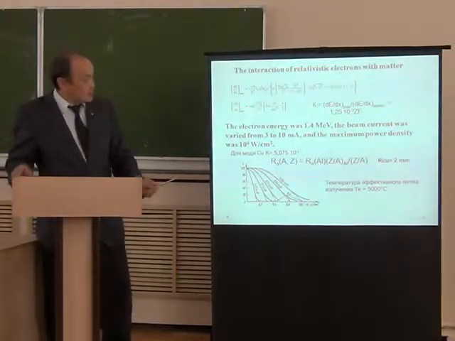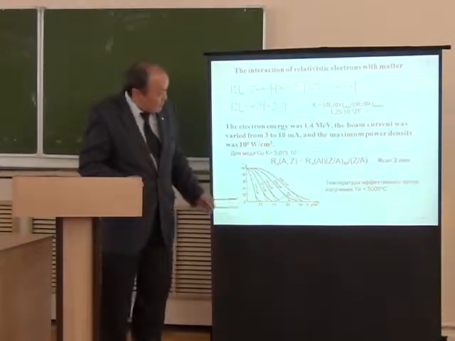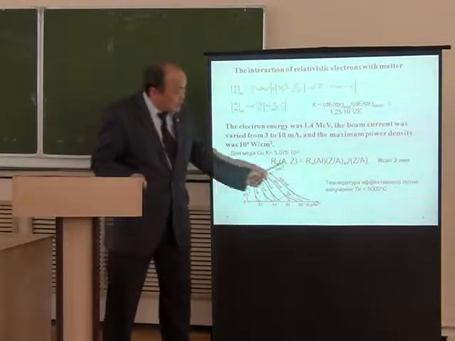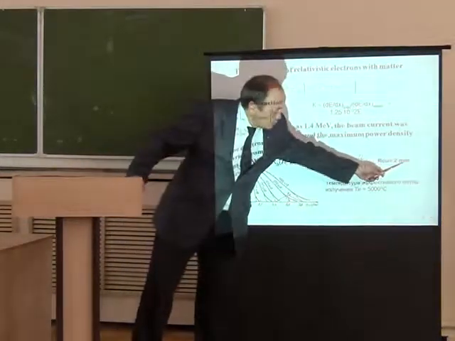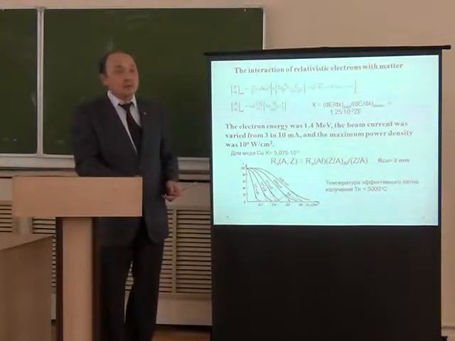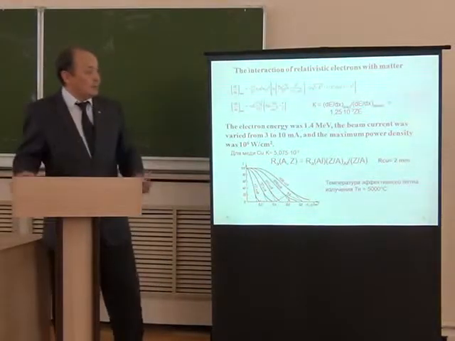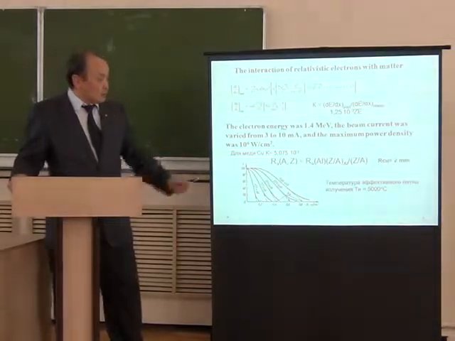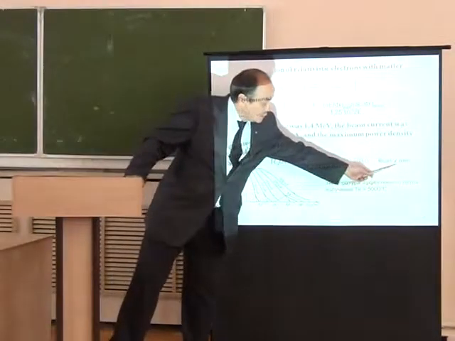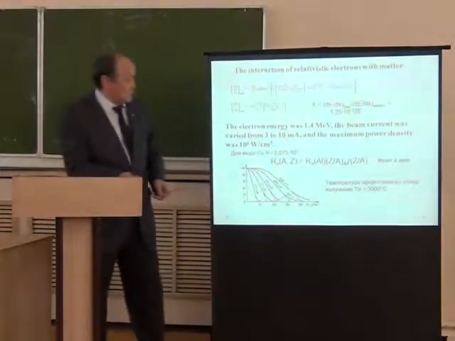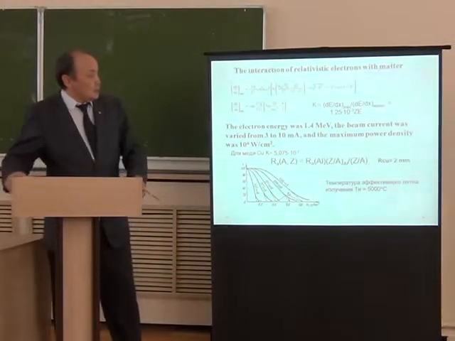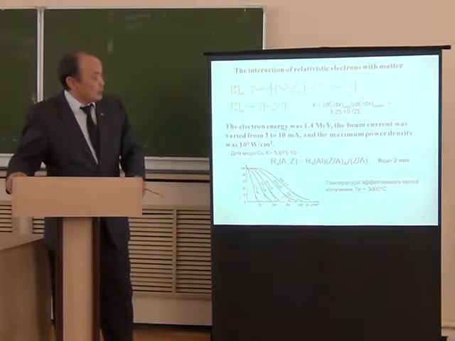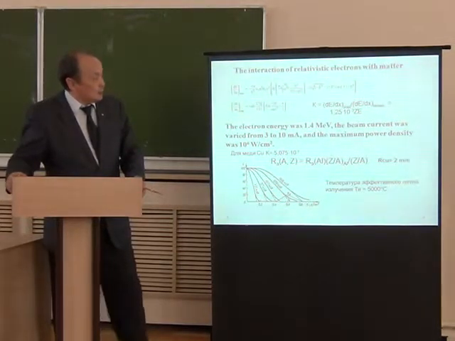The electron path in a cuprum sample is about 2 millimeters. The electron energy was 1.4 mega electron volts.